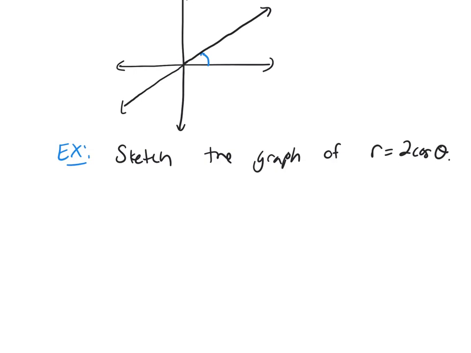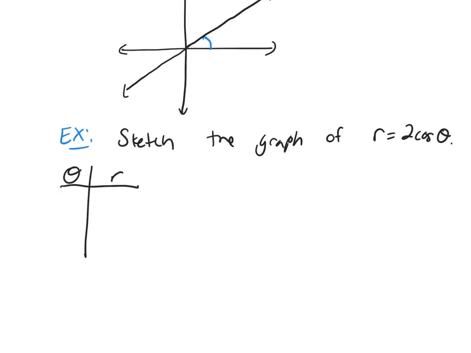We're going to make our little table to plot points, and you're going to start with theta, and then you'll know your value of r. So let's choose some thetas here: 0, pi over 4, pi over 2, 3 pi over 4, and pi.